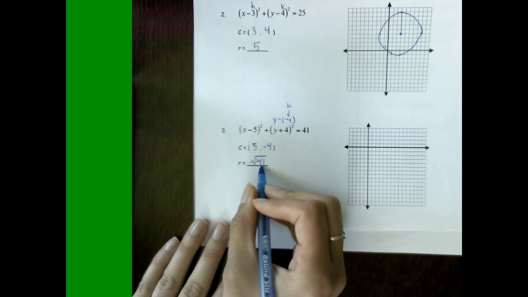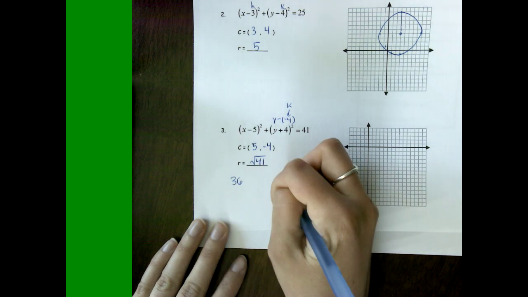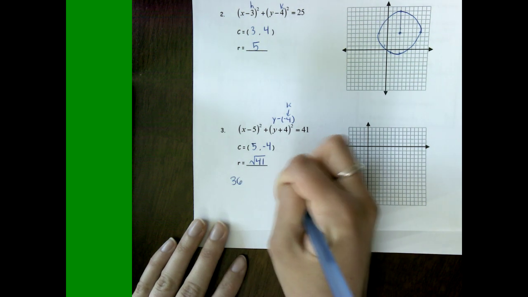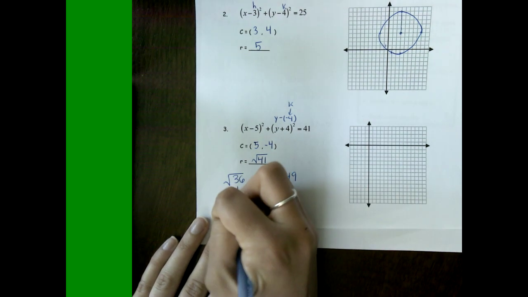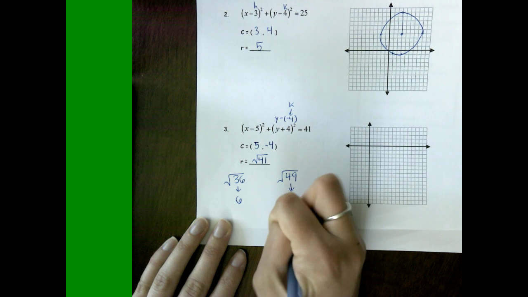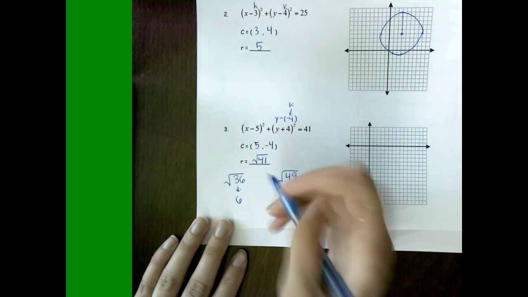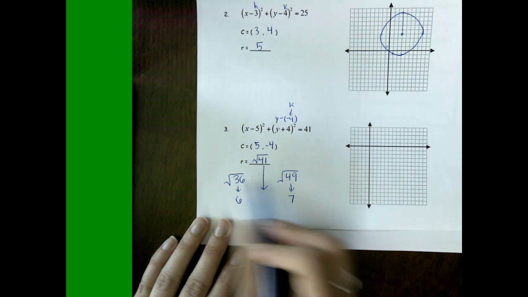The perfect square before 41 would be 36, and the next one would be 49. The square root of 36 is 6. The square root of 49 is 7. So the square root of 41 has to be between these two numbers.